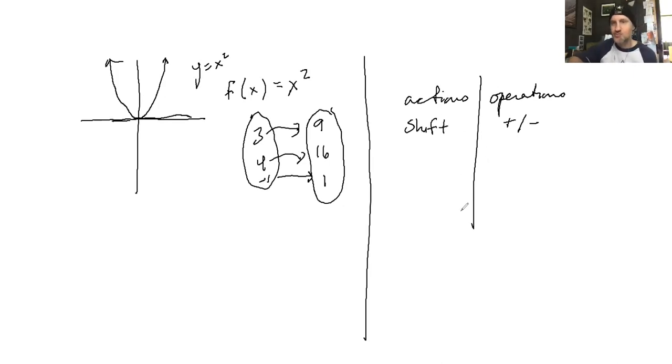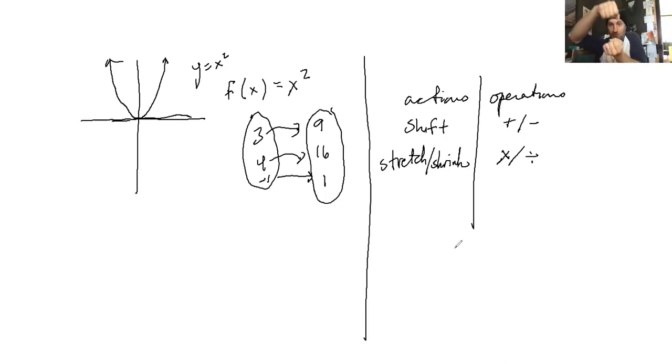When I add or subtract things, I'm shifting my picture left or right, or up or down. Then I have multiply or divide. Well, that's a stretch or a shrink. So I'm taking my little parabola and I'm either stretching it or shrinking it.